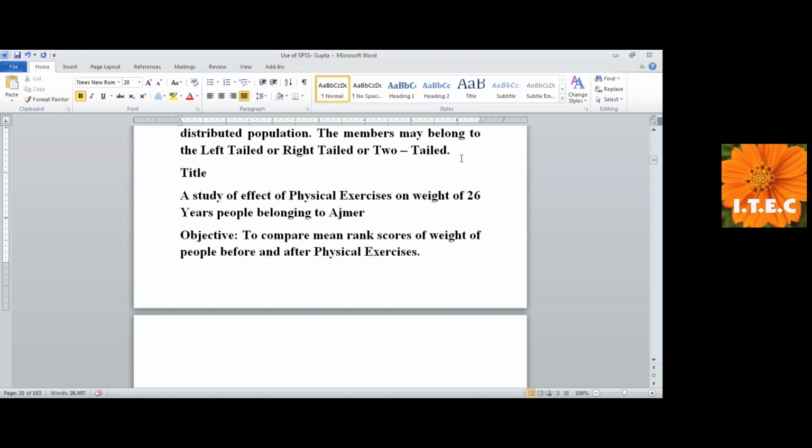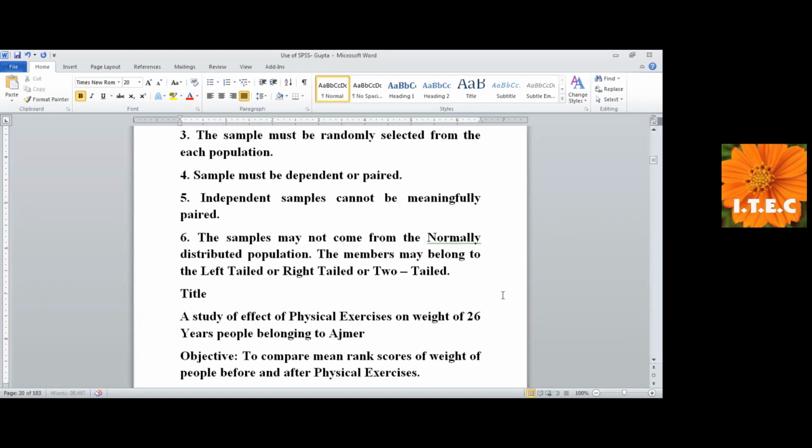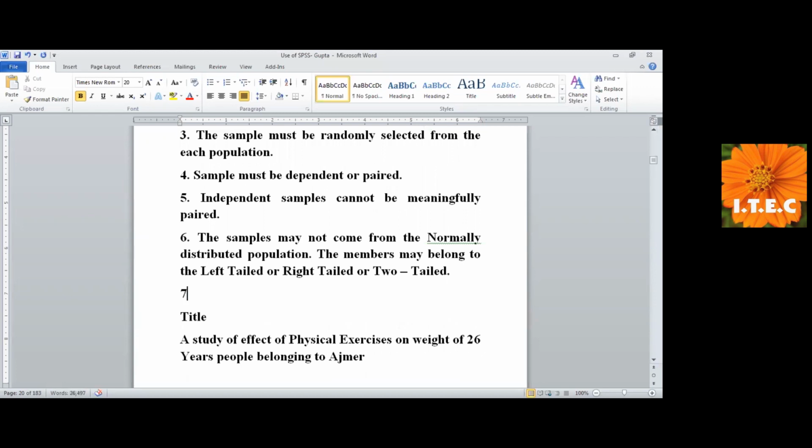So that means in the assumptions, I should also mention that the data must be on an ordinal scale.